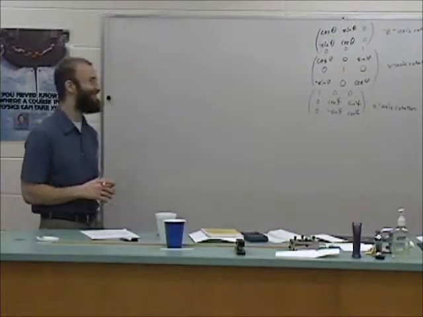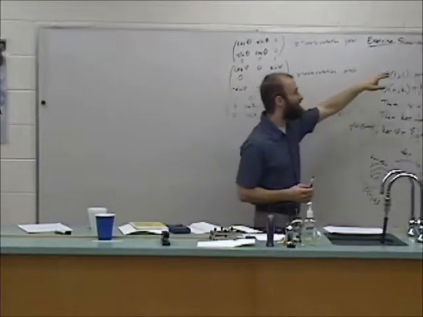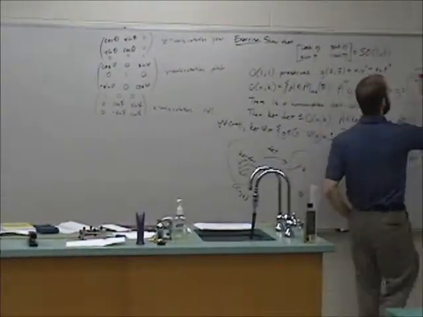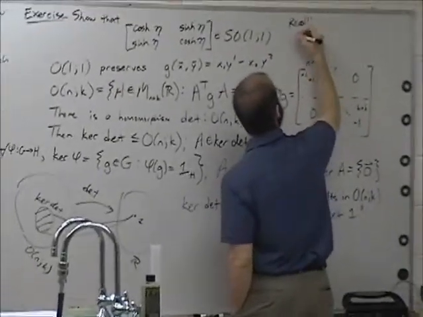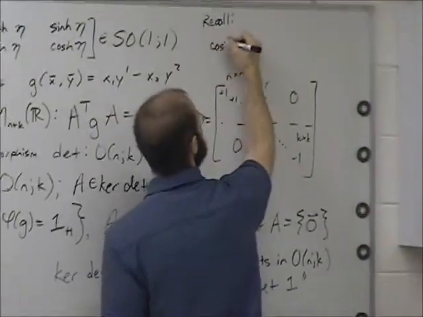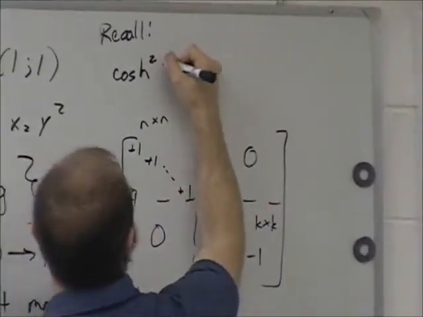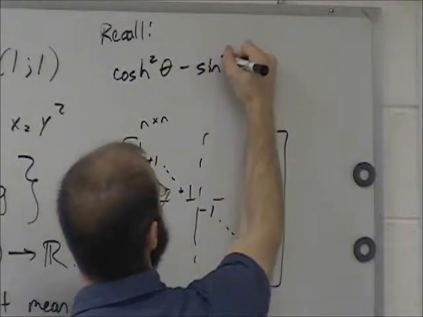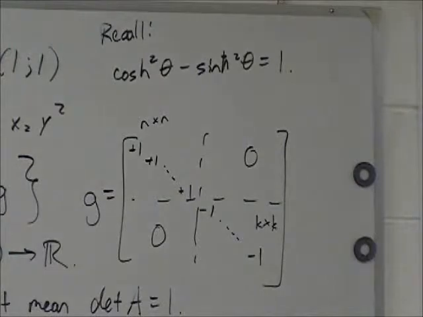There's a negative sign here, but this is positive, and this has to do with the identity: cosh squared theta minus sinh squared theta is 1.